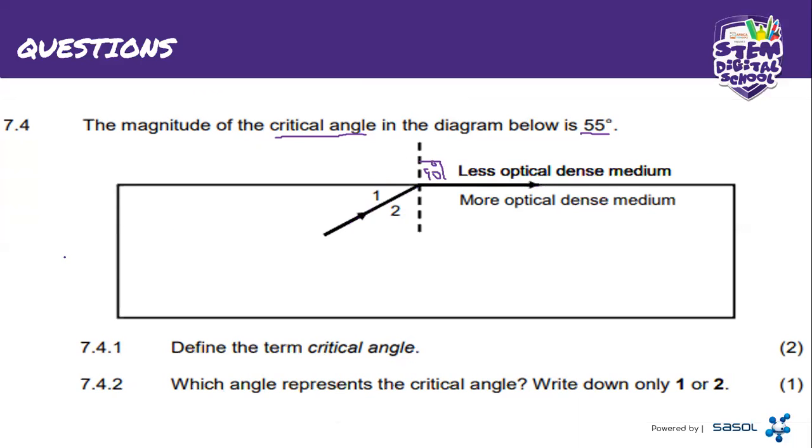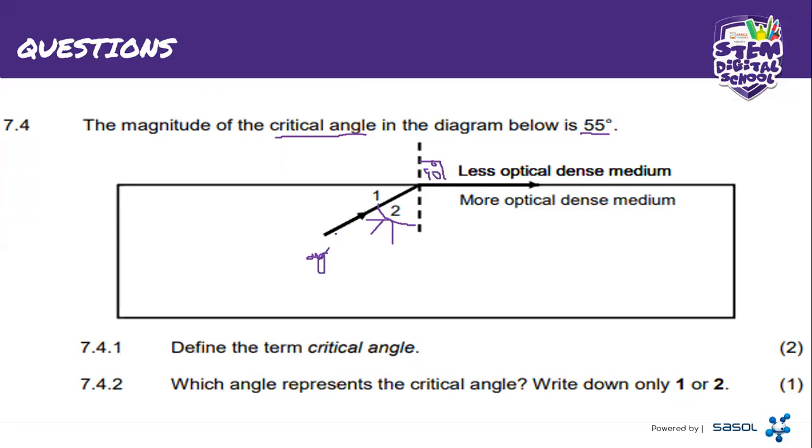Now, what does this tell me? It tells me that this angle of incidence has caused the refracted ray to just lie on the surface of separation between the two media. Now, this angle of incidence is definitely angle number 2.